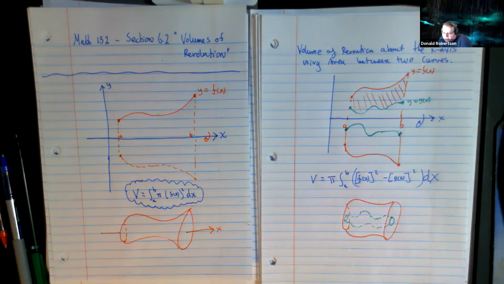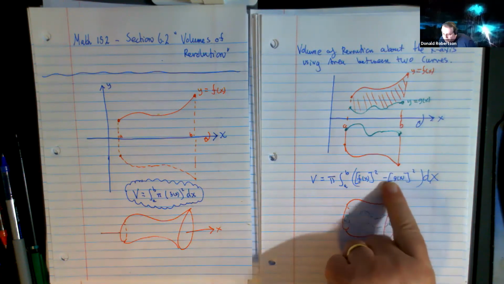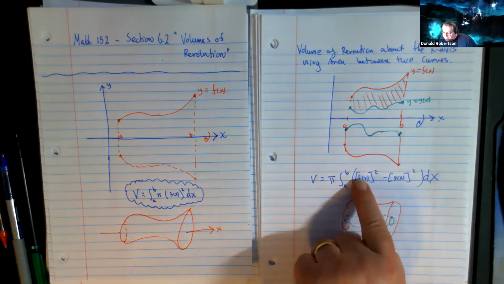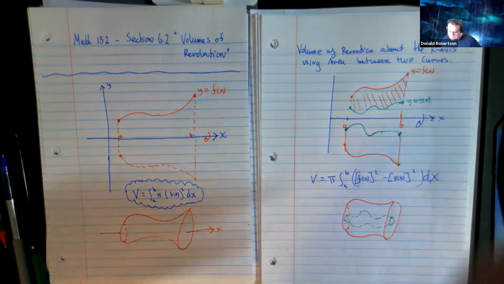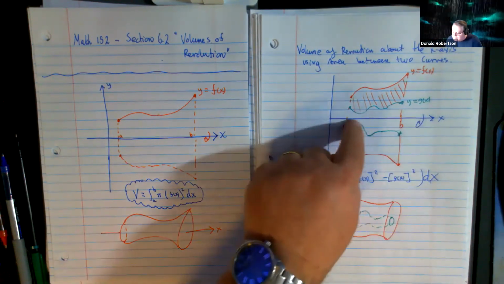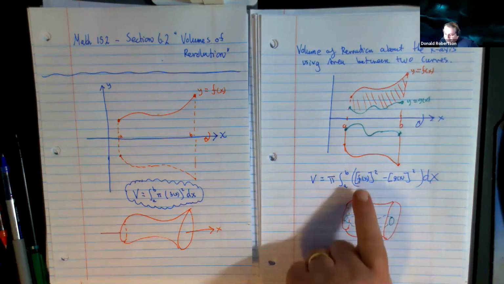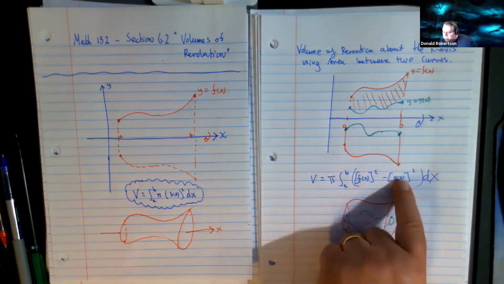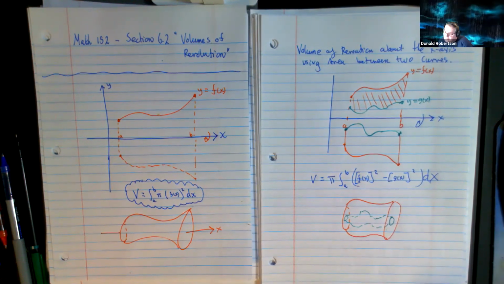I mean, in a way, it kind of makes sense. Isn't it the volume of the big guy, subtract the volume of the hole? And this is like the volume of the hole, and this is the volume of the big shape, right? It's like take the bell and then cut out of it the green hole. Volume of big bell, take away volume of green hole. To me, that intuitively feels right.